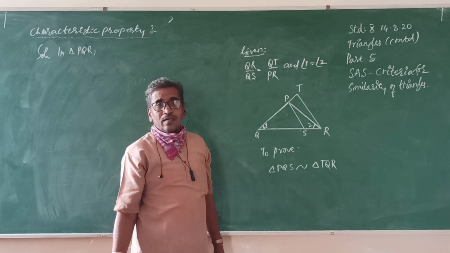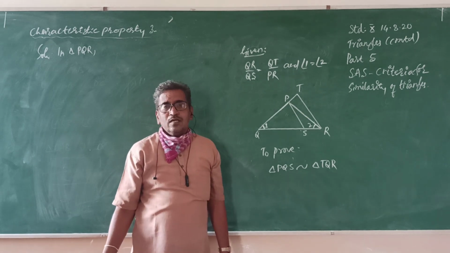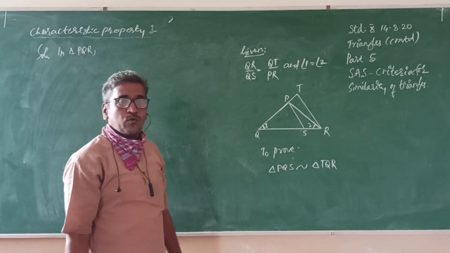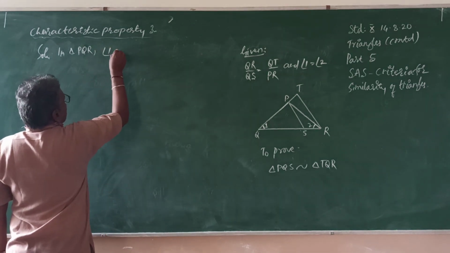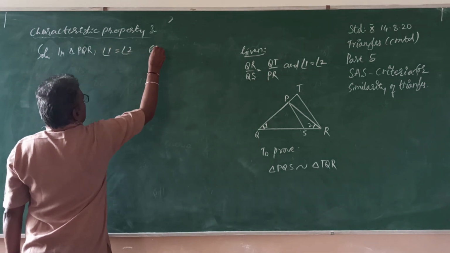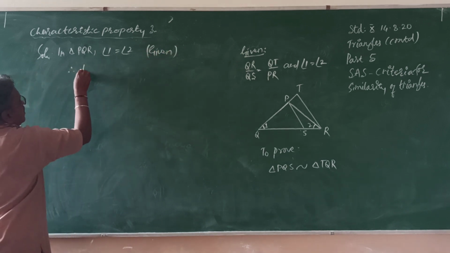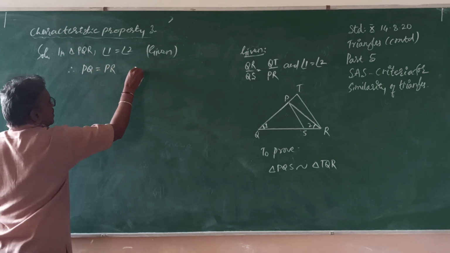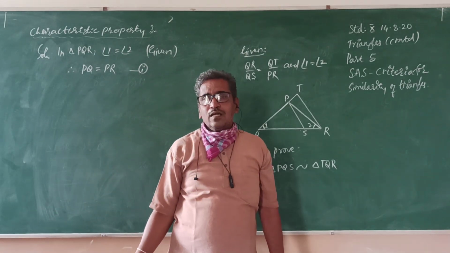In a triangle, if two angles are equal, then the sides opposite to the equal angles are equal. So that property is used. Therefore, PQ equal to PR. Very important relation: sides opposite to equal angles are equal.